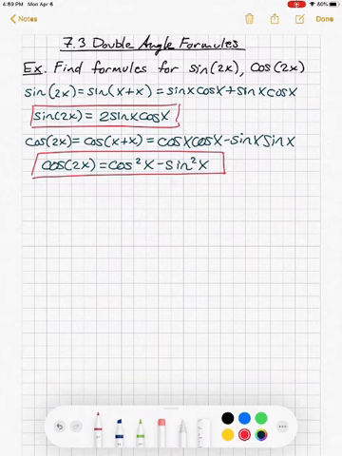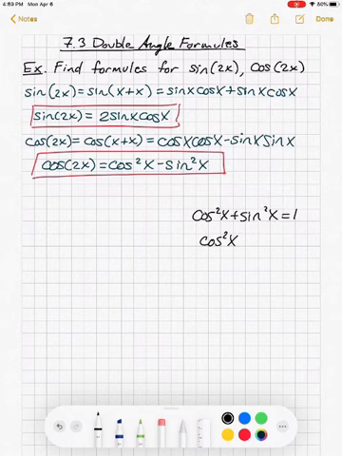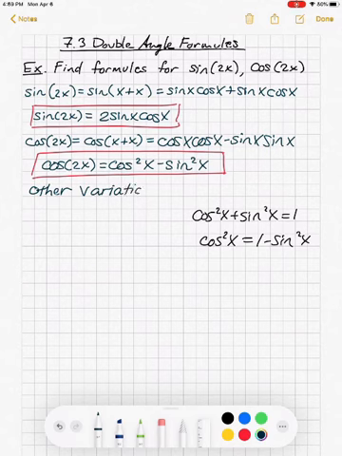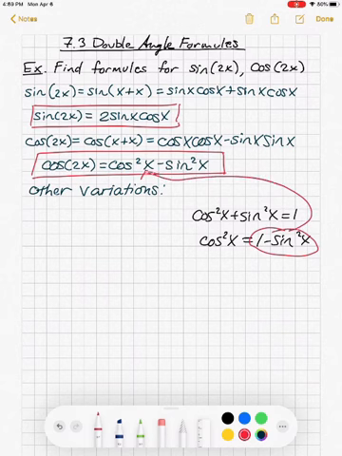Now, this formula, I can actually come up with a couple other variations. The reason why is because remember that the fundamental identity says cosine squared plus sine squared is equal to 1. So wouldn't it be true then that cosine squared is 1 minus sine squared? So what if I do a substitution? I'm going to take this and substitute it in for cosine squared here.